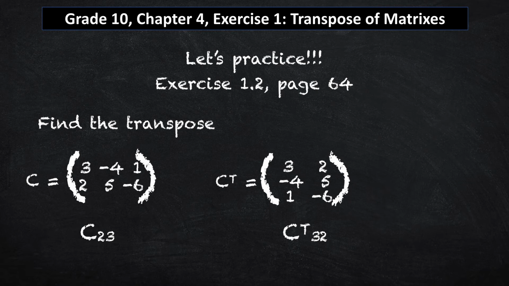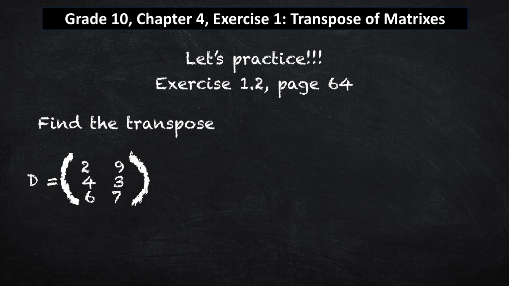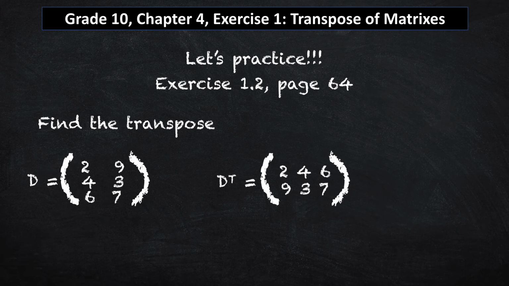Now we can also try the next example. The next example is the matrix D. This matrix has 3 rows and 2 columns, so the transposed matrix will have 3 columns and 2 rows. And we see that the elements 2 and 9 that were in the first row of the D matrix are now in the first column of the transposed.